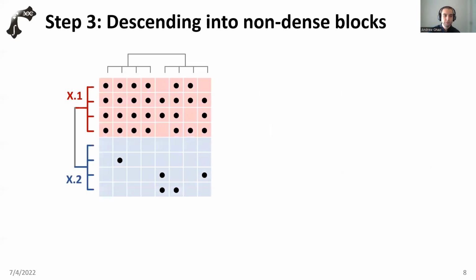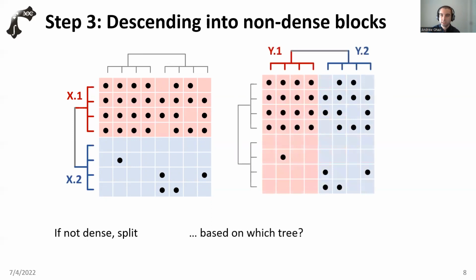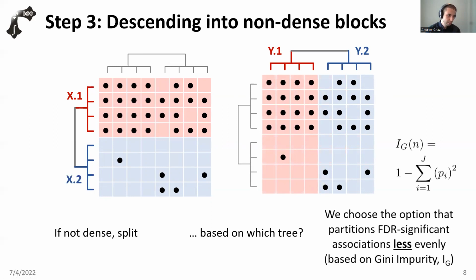So when you're going through the descent process, if you look at the whole matrix and it's not dense, you say, okay, we're going to split one of the trees, but we need to decide which tree to split. So here in this cartoon example, it's very obvious that you want to split X, but the way we do this algorithmically within the data is to split based off of the decision that maximizes the change in Gini impurity.